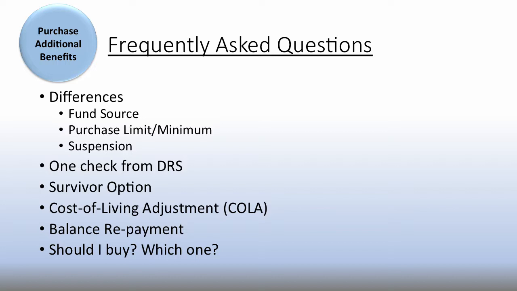And then whether your survivor dies, or whether you die and didn't choose a survivor, the balance repayment piece is still in play. If you have not received the amount that you put in, which includes, if you put in $200,000, if you have not received $200,000 in benefits, then the balance of what you have not received is going to go to your beneficiary, or your estate if you don't have a beneficiary.